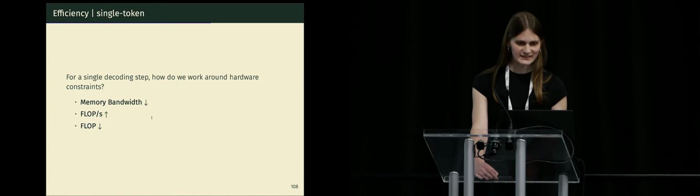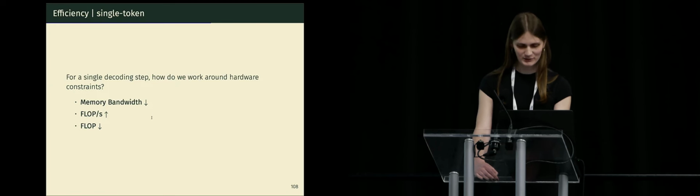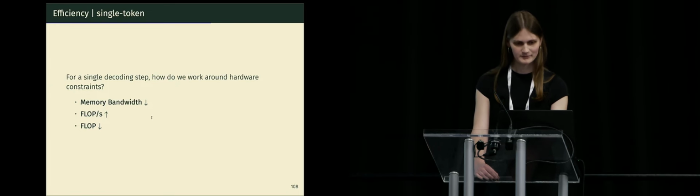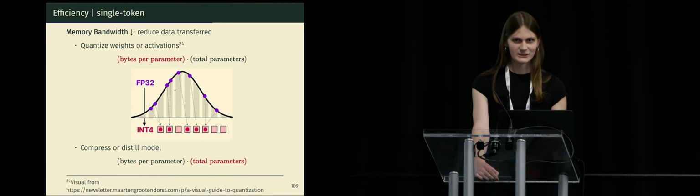With these basics in mind, let's think about how we might speed up a single sampling of a token, the decode stage. Here we'll want to work around our hardware bottlenecks, typically coming in the form of either memory bandwidth, the total compute capability or flops per second our device can deliver, and the total number of operations we have to perform.